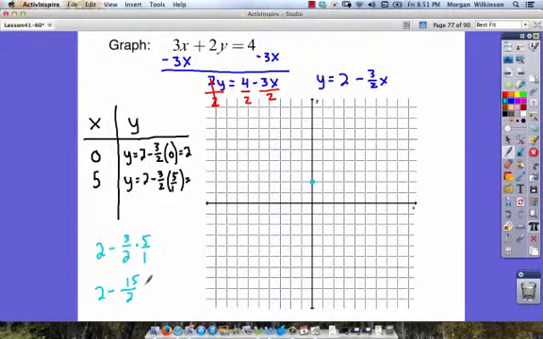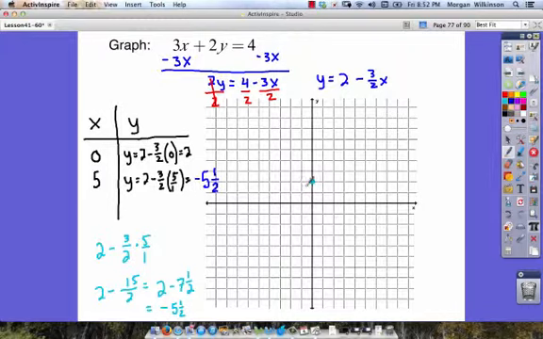Now 15 over 2 is the same thing as 7 and a half, so we're going to get 2 minus 7 and 1/2. Well, 2 minus 7 and 1/2 must be equal to negative 5 and 1/2. So when x is 5, y must be equal to negative 5 and 1/2. And we can graph that.